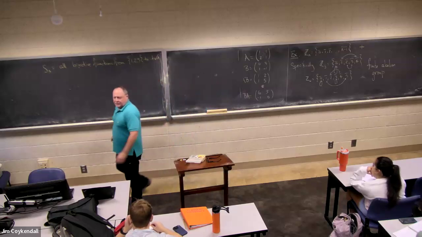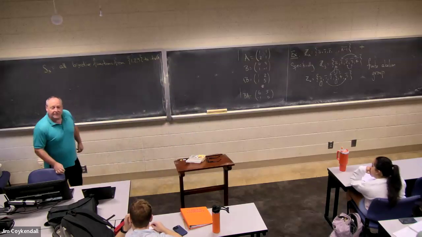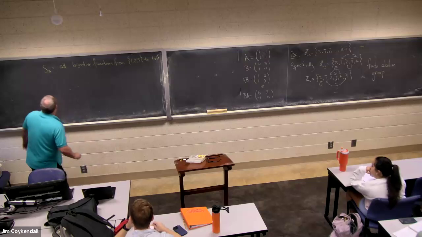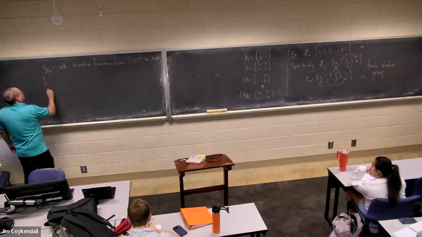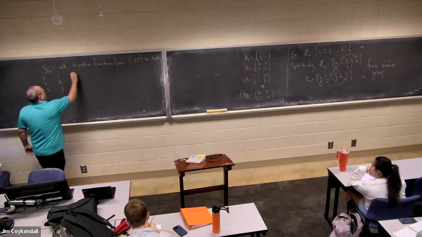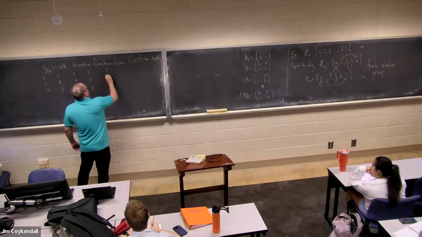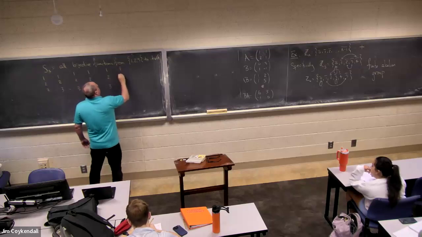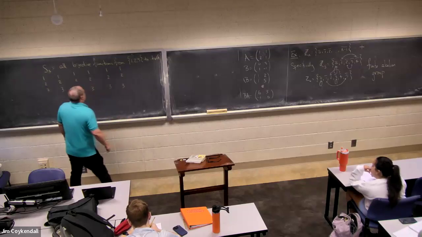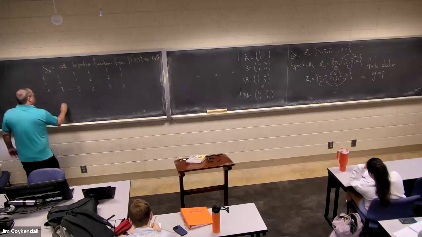How many bijective functions are there from {1, 2, 3} to {1, 2, 3}? Yes, 6. How did you get that? So it's just the first element can go 3 places, and then there's 2 places left for the second element, and there's only 1 place left for the third element. So it's 3 times 2 times 1.